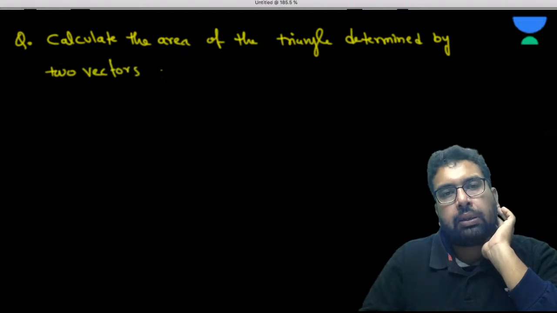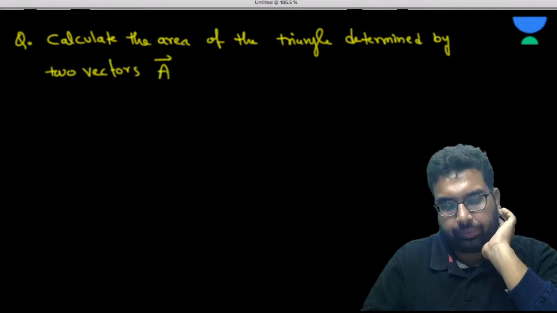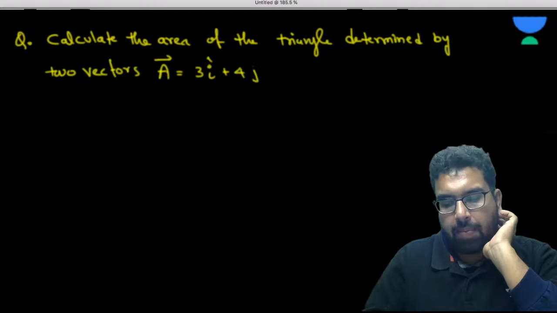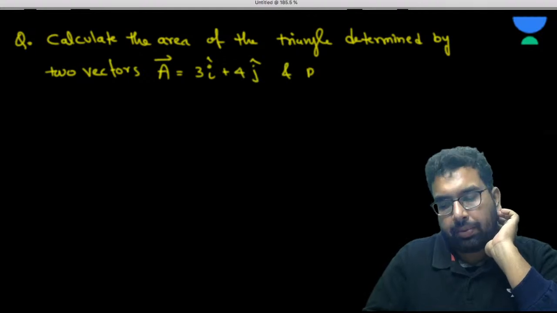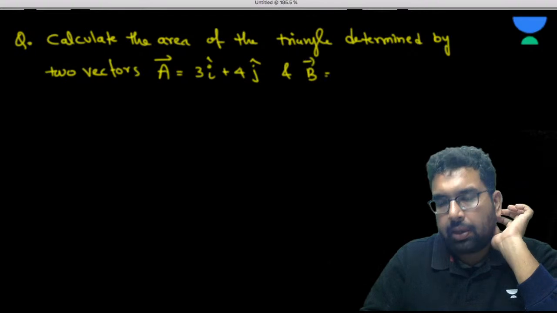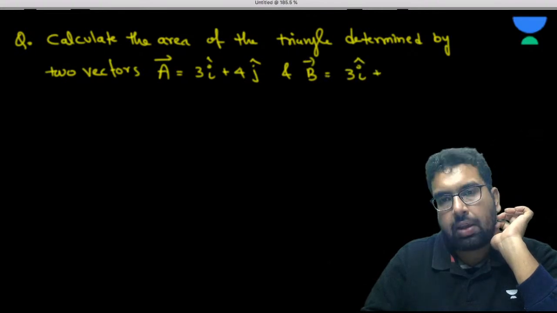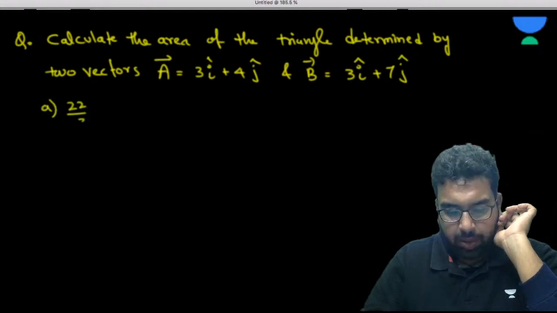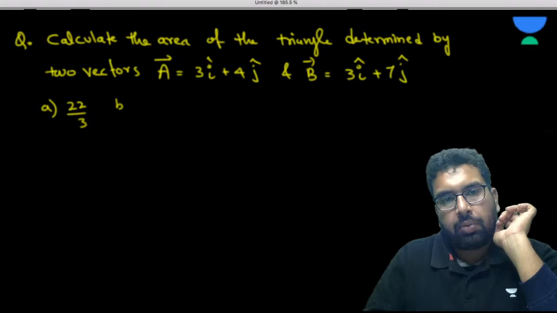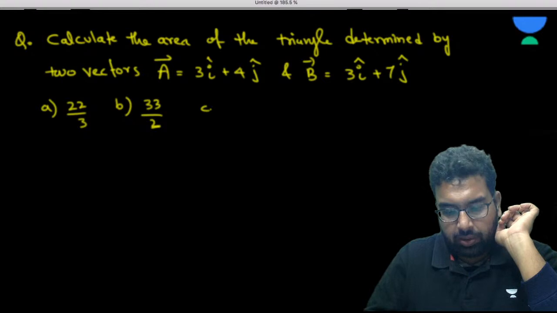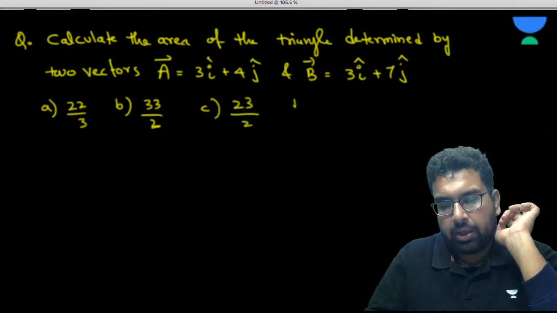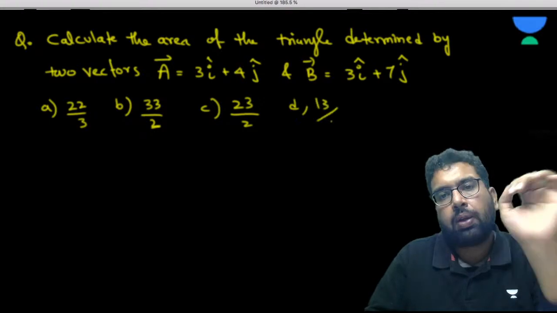A vector is 3 i cap plus 4 j cap and B vector is minus 3 i cap plus 7 j cap. Let's have the options as well. Option A, 22 by 3. Option B, 33 by 2. Option C, 23 by 2. Option D, 13 by 2. Can you please try this question?